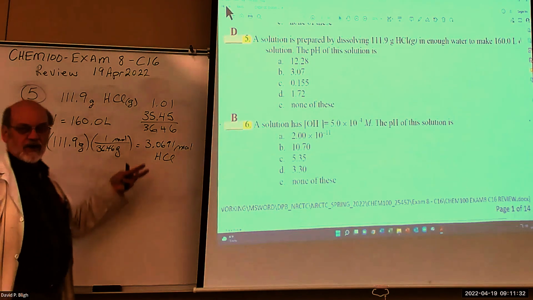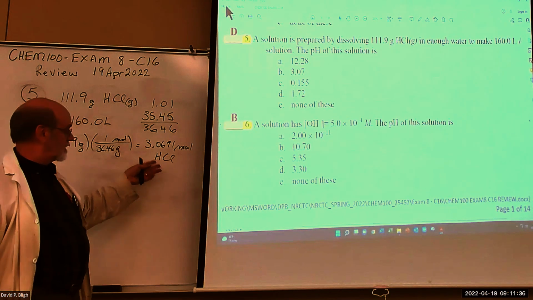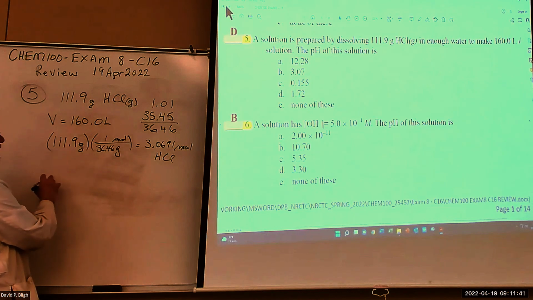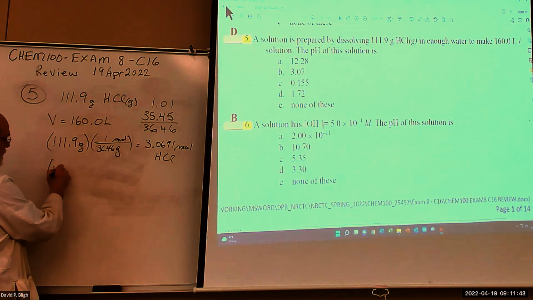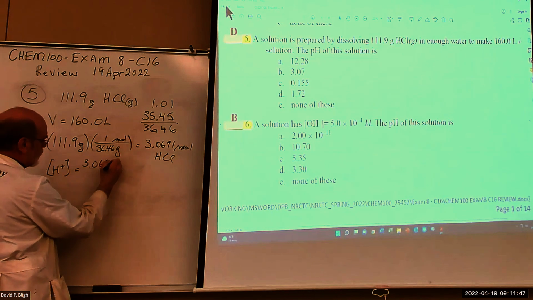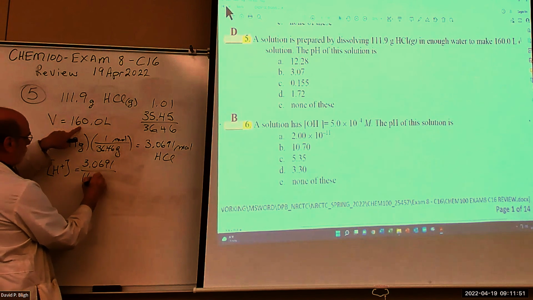Now, how many moles of hydrogen ions is that? Exactly the same, because that's a strong acid. So now we can calculate the concentration of hydrogen ions is equal to 3.0691 divided by volume.